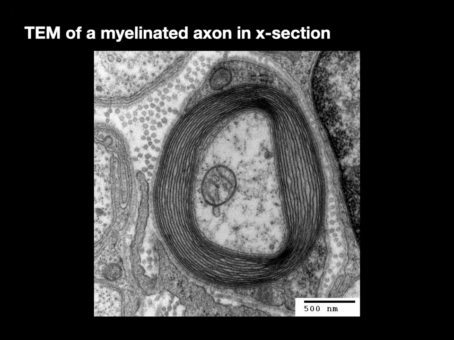This is showing a transmission electron micrograph of a myelinated axon in cross section. You can see the key at the bottom, 500 nanometers is the length of that black line. This is really high power. There's an axon in cross section, and you can see some organelles in the middle. There is the myelin sheath wrapping around this segment of the axon. That's beautiful.